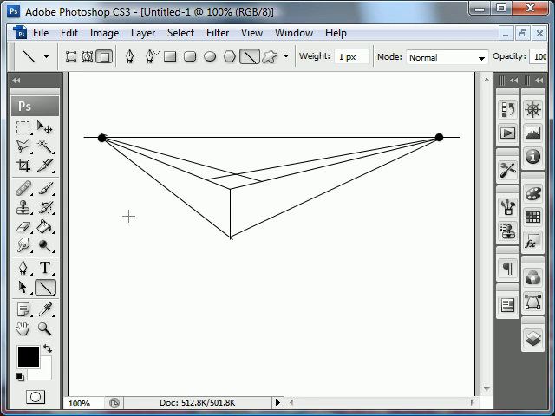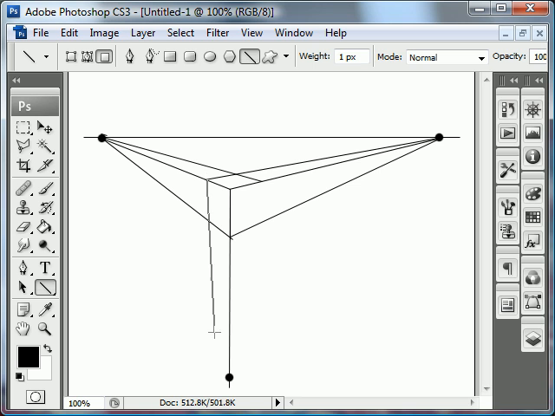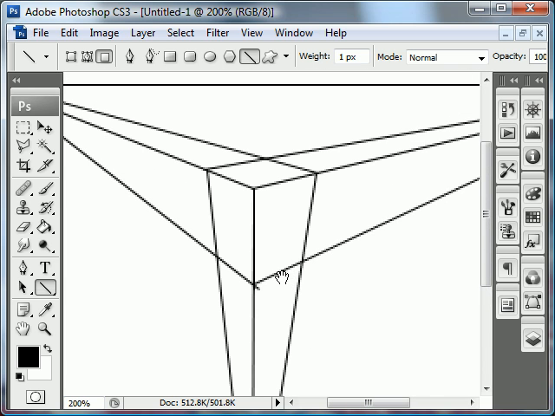So I'm going to get rid of those lines, and now what I'm going to do is pull this vertical line straight down, and then I'm going to establish a vanishing point on that line, and then pull these edges to this third lower vanishing point. So instead of being straight up and down, as they are in two-point perspective, the vertical edges of this object go to a third vanishing point down below the horizon line.